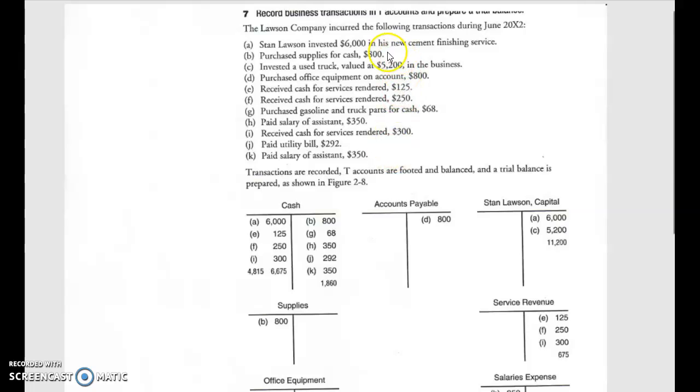So what we did was we took transactions from the Lawson company, and they incurred the following transactions during June, and we're going to say June 2020. So let's prepare T accounts for these transactions.